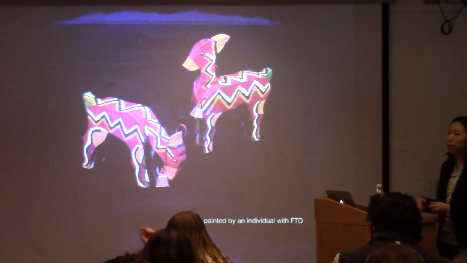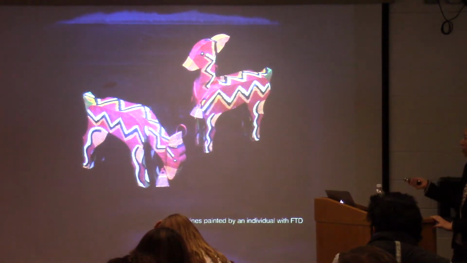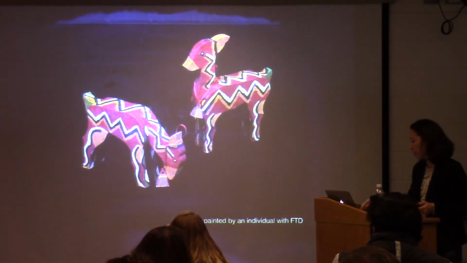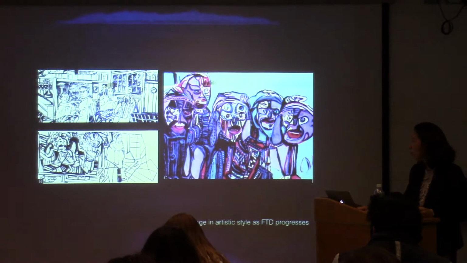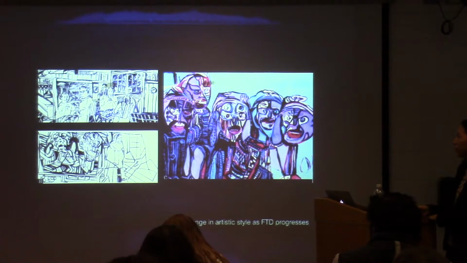This is another work from another person who has FTD. These are figurines painted by an individual, and you can again see the geometrical patterns that you've seen in Anne Adams' work. This is an example of how the style of an artist changes as the disease progresses. This is before FTD developed.